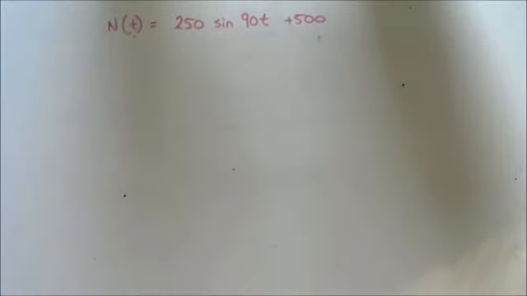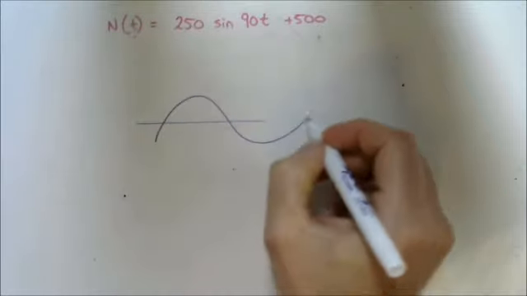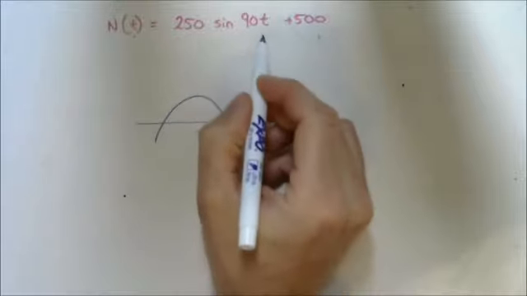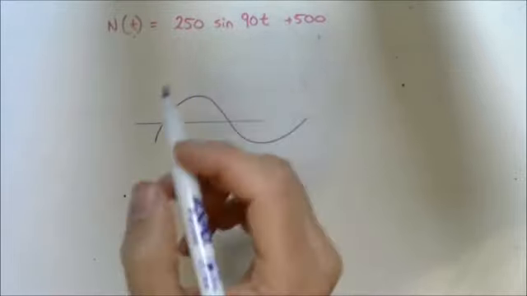So in A, what is the population of the prey in 1990? So what it's asking is, what is happening when t is 0? Well, if you think to your knowledge of the unit circle or the basic sinusoidal function, if t is 0 and we have the sine of 0, then no time has passed.